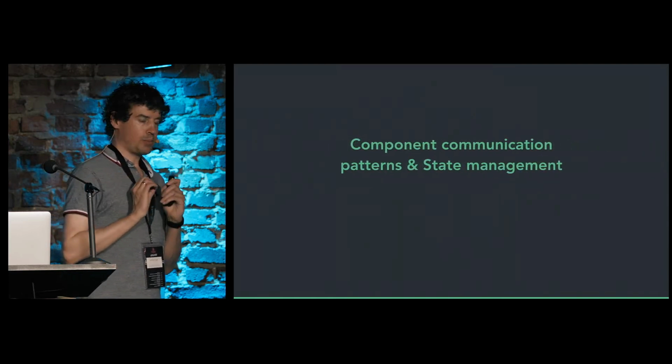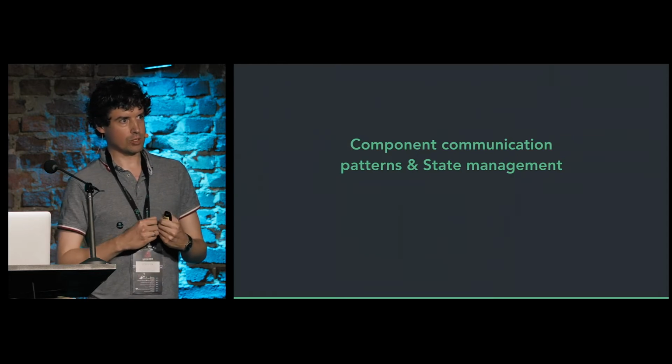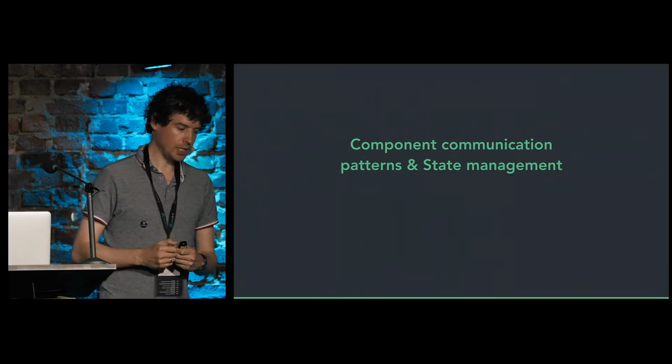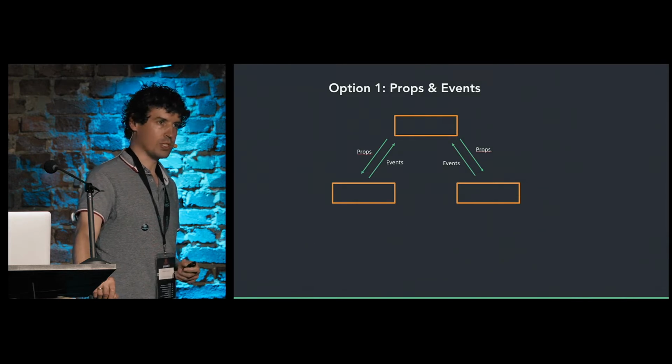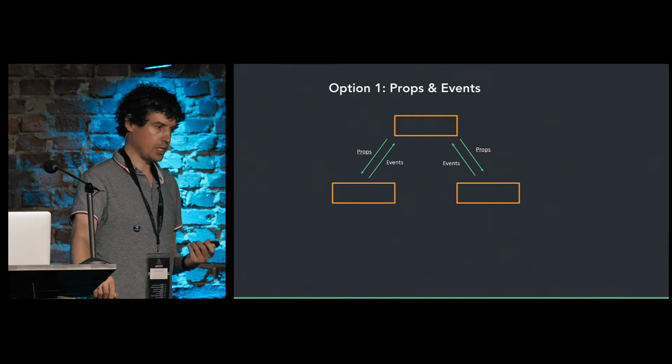So, as I mentioned, the basic concept is to build components. And one big question when starting an app is, where does my state live in my application? How does information travel through my component tree? Let's have a look at what Vue offers there. The most simple form is to just use properties and events.